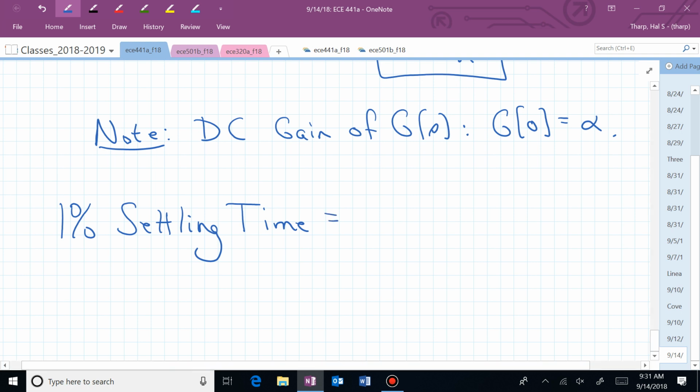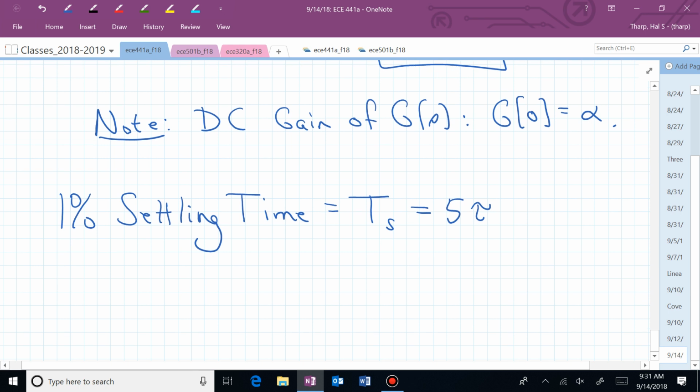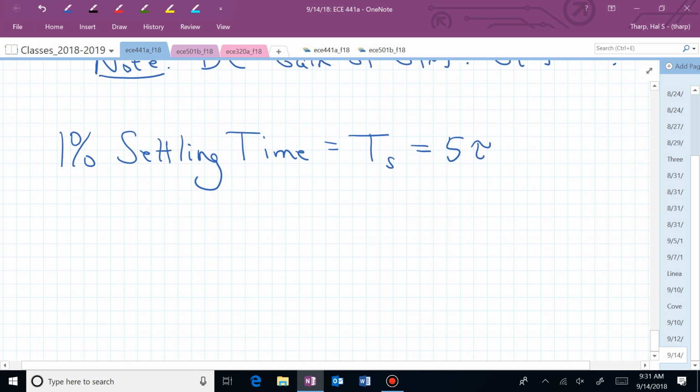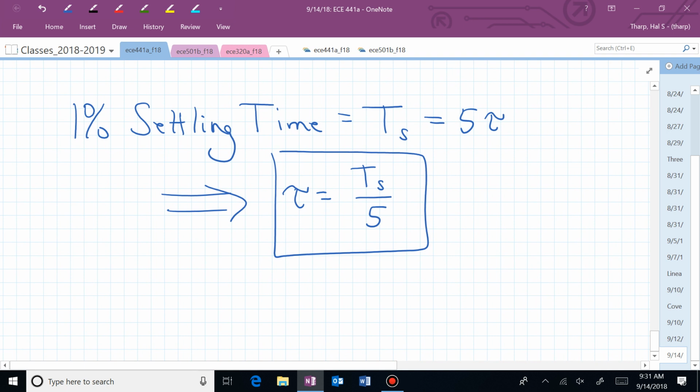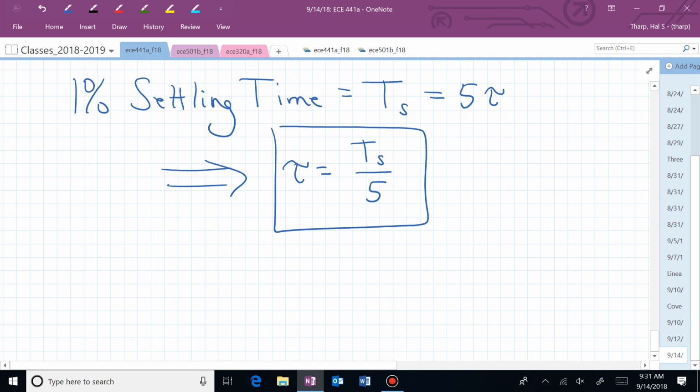That is what we're calling t sub s, our settling time, and we said that we are going to agree is 5 tau. If you now go in and measure that t sub s, you have indirectly found the time constant tau. We can solve that for tau. And now we have identified our system.